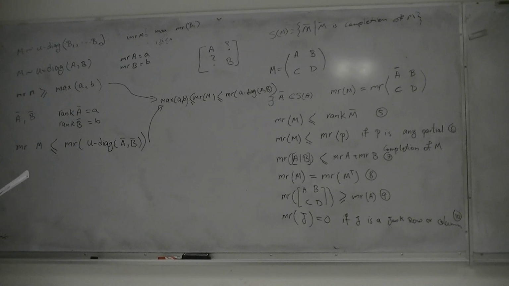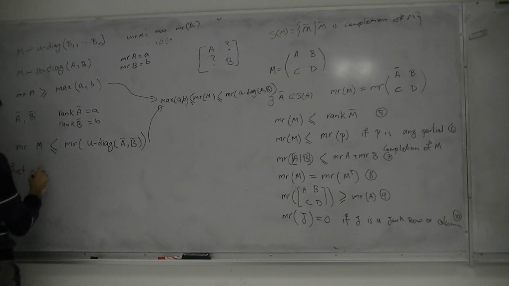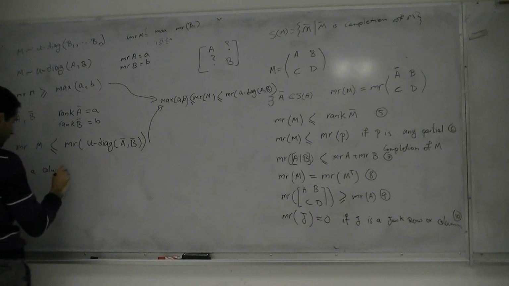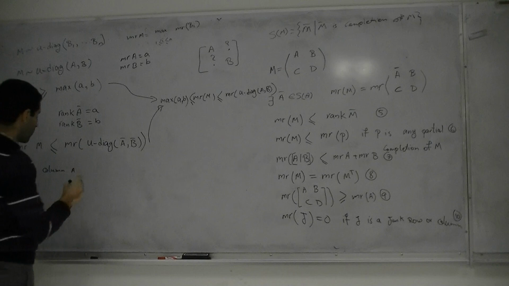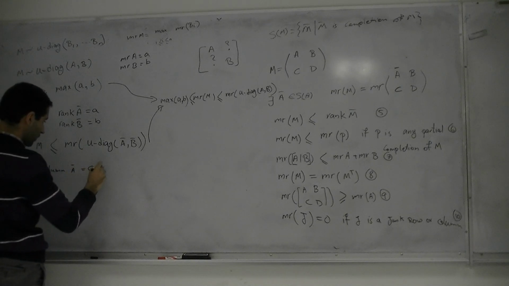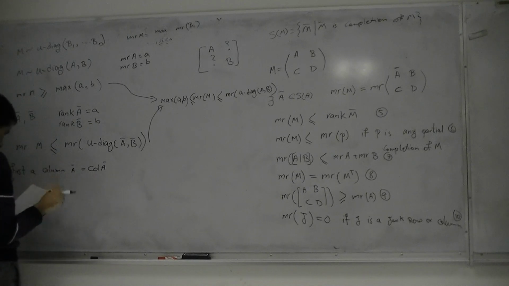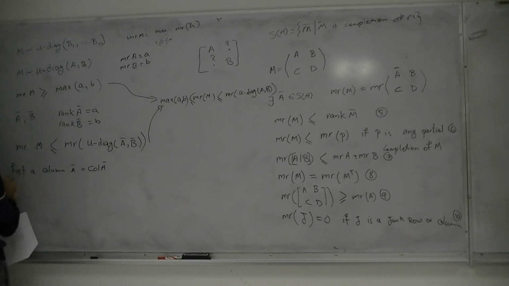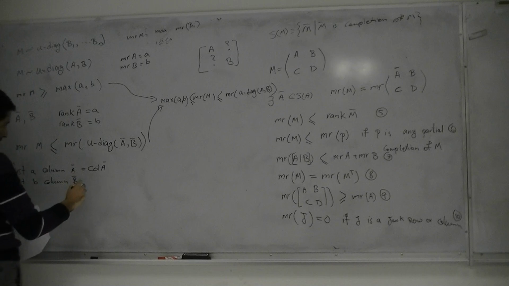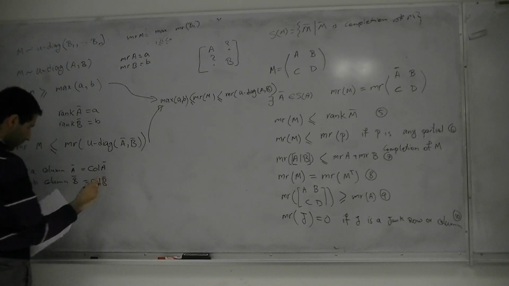By changing the row and column, we can have, for example, the first A rows of completed matrix A bar, and the first A columns of A bar equal to, for example, row of A bar, and the first B columns of B bar equal to column of B bar.